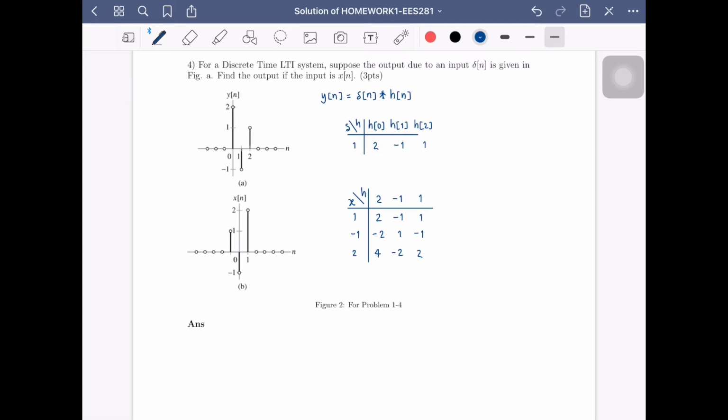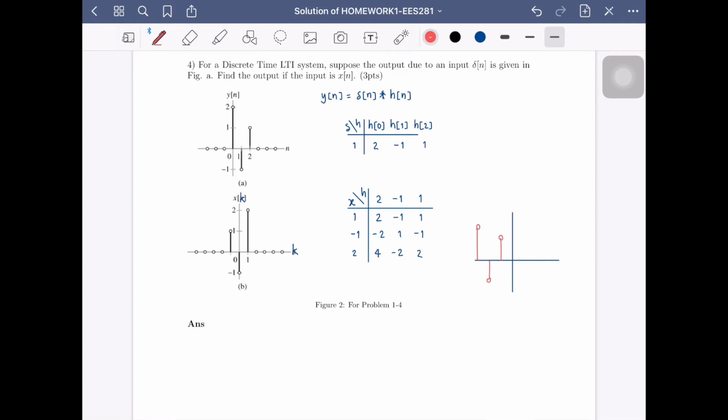After we got these values, we have to find x[n minus k]. When we got this x[n], we change it to x[k], and then we shift it with n. We are reflecting x[k]. Then we got something like this.